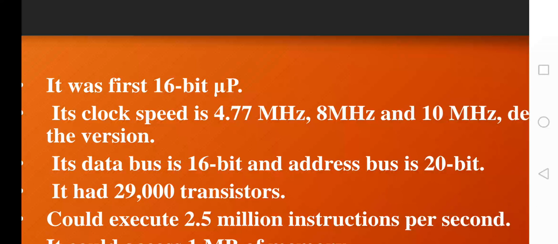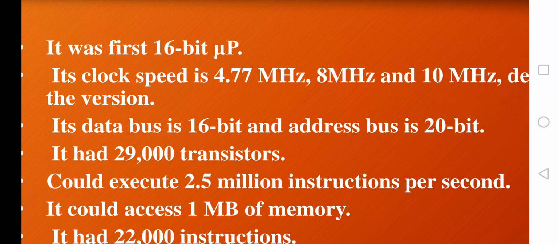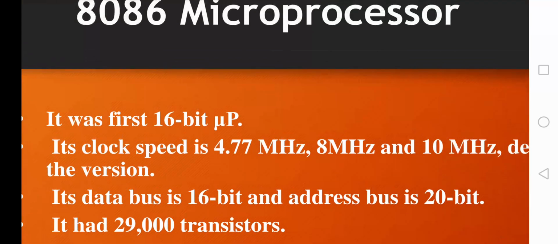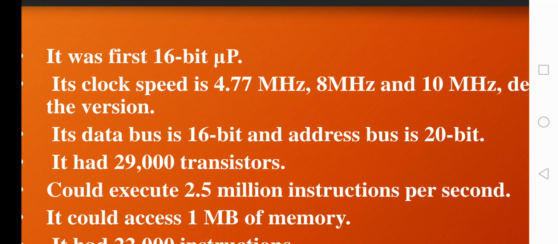For example, why is a 32-bit microprocessor called 32-bit? Because the data bus residing within it is 32-bit. Likewise, the 16-bit 8086 microprocessor has a data bus of size 16-bit.